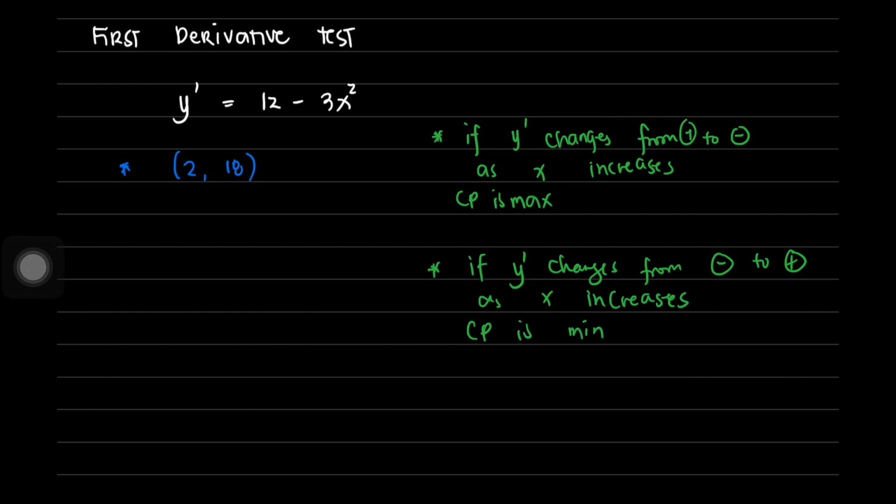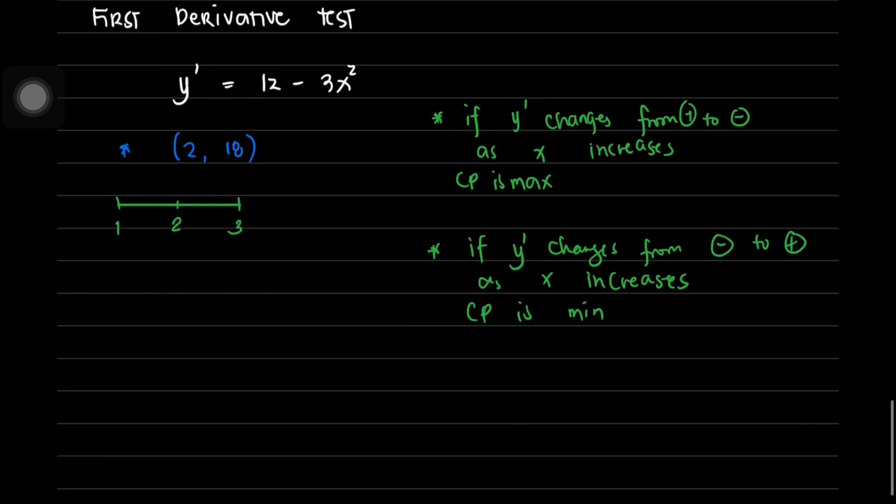So let us try to classify if point (2, 18) is a maximum point or a minimum point. So here is the first derivative. If we're going to draw a line in here, this is x equals 2, this is x equals 1, and this is x equals 3.